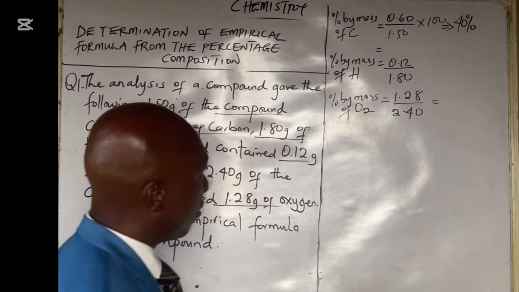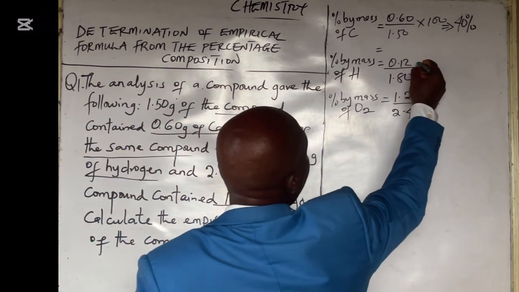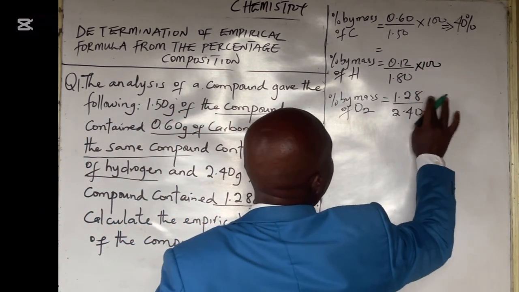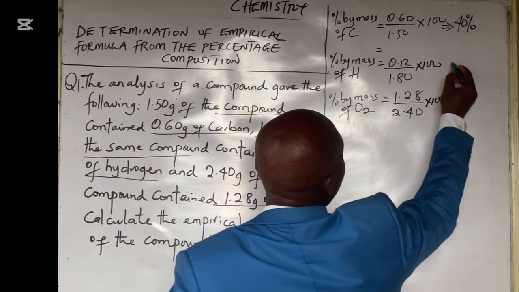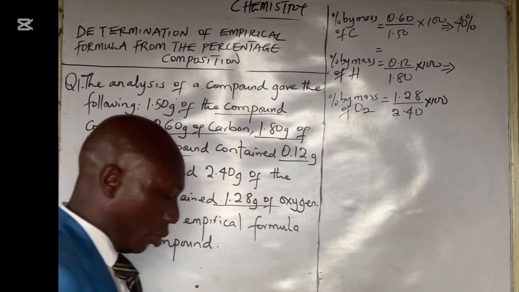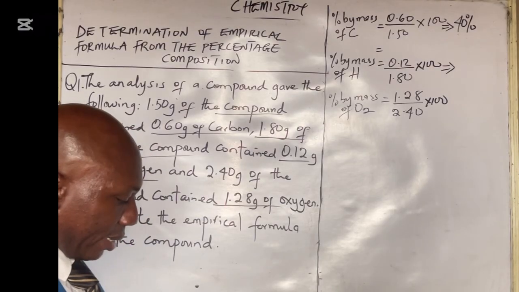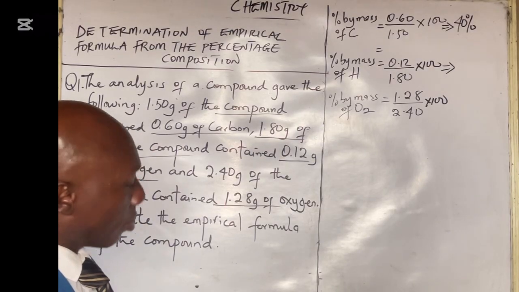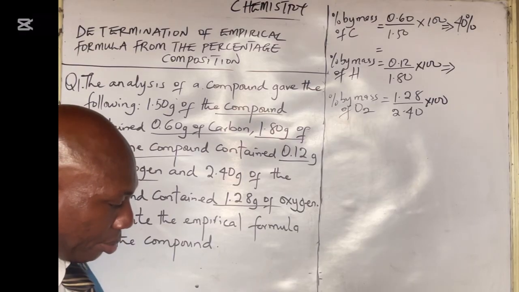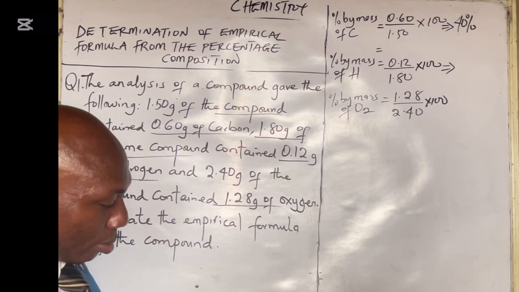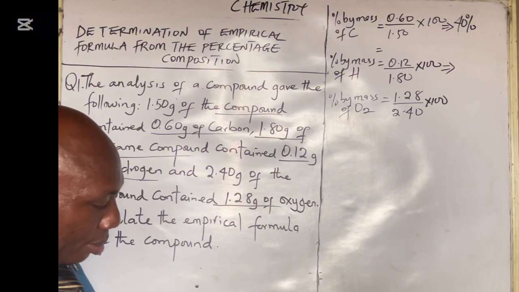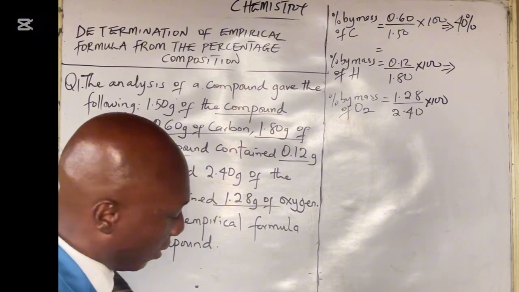The next one is 0.12 divided by 1.8 times 100, and that will give you 6.7%.